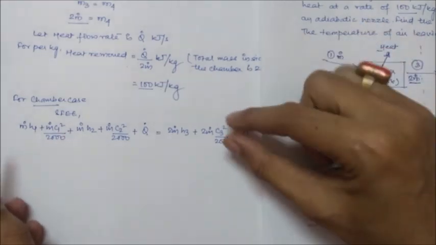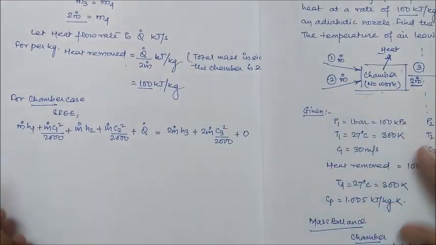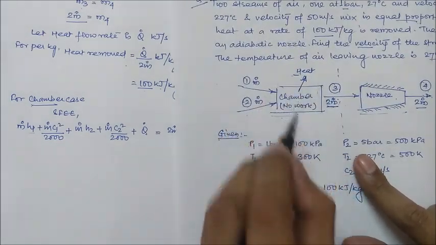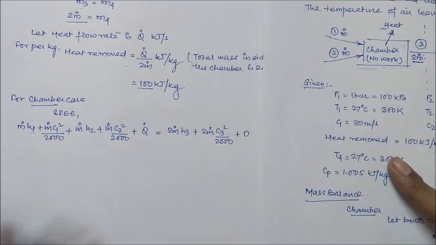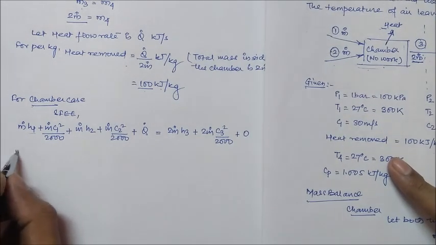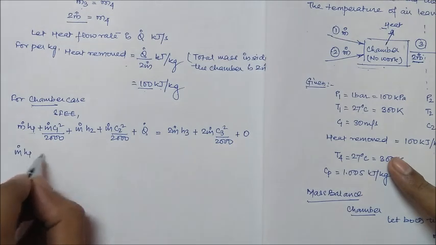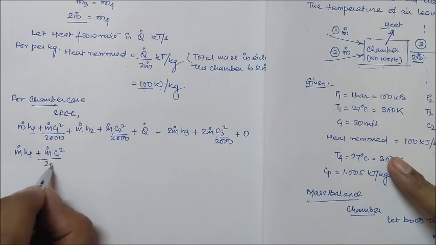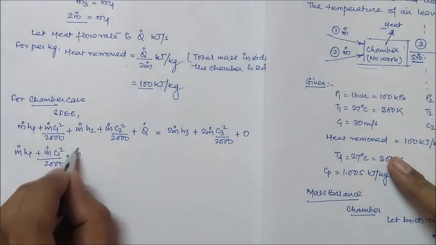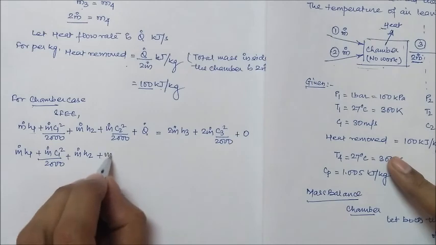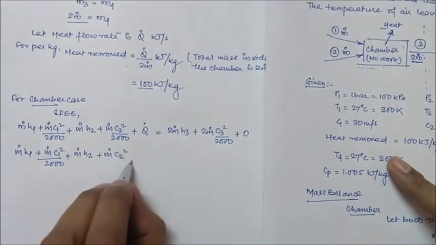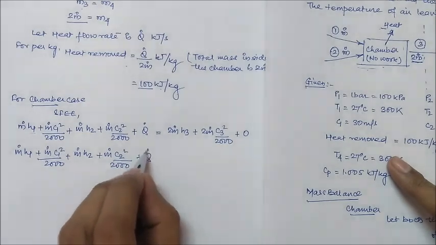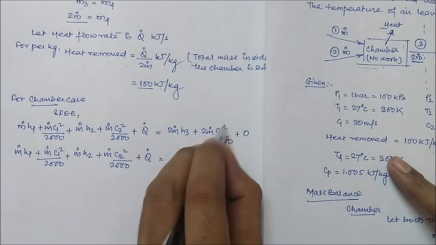So we have just applied the steady flow energy equation for the chamber, considering the chamber as the control volume. Now it can be written as m dot H1 plus m dot C1 square by 2000 plus m dot H2 plus m dot C2 square by 2000 plus Q dot.